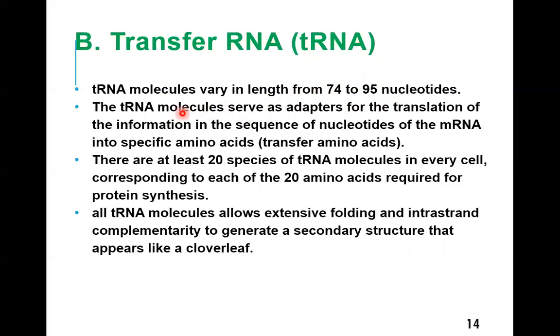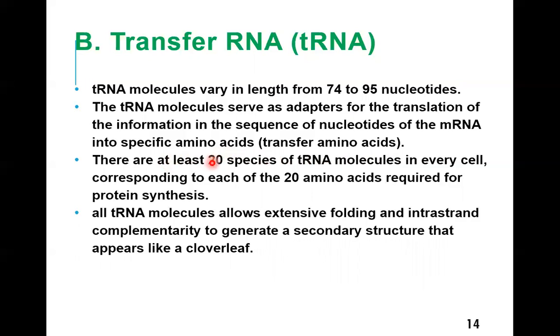The tRNA molecules serve as adapters for the transfer. So the tRNA transfers the amino acid to the mRNA, to translate the sequence of nucleotides of mRNA to a specific amino acid.